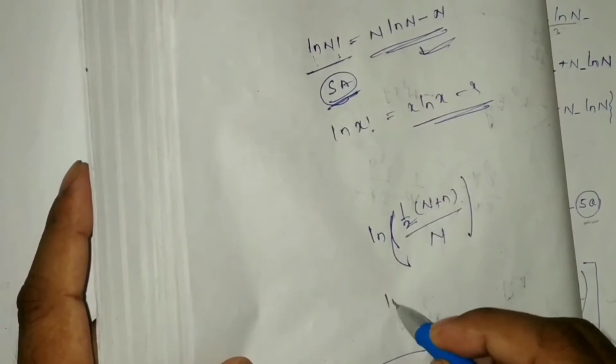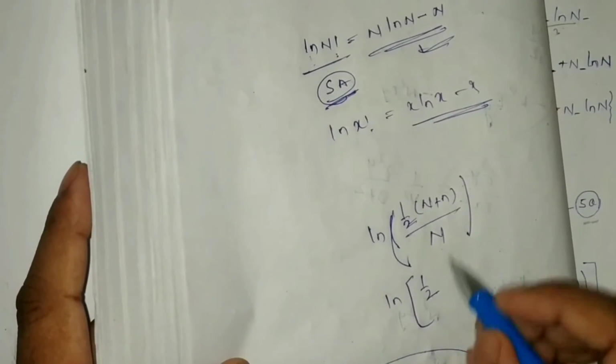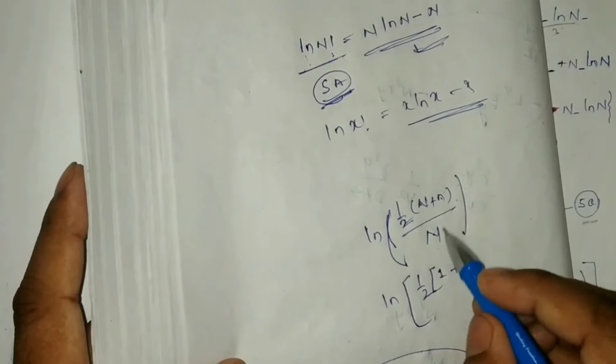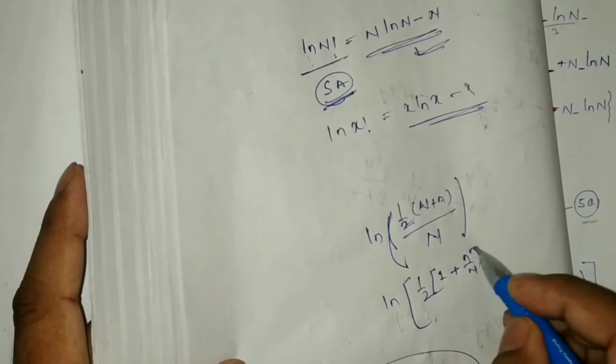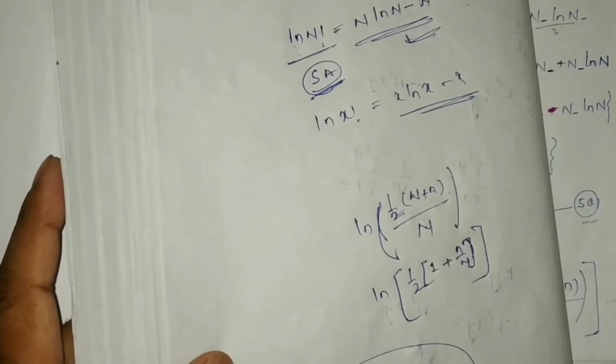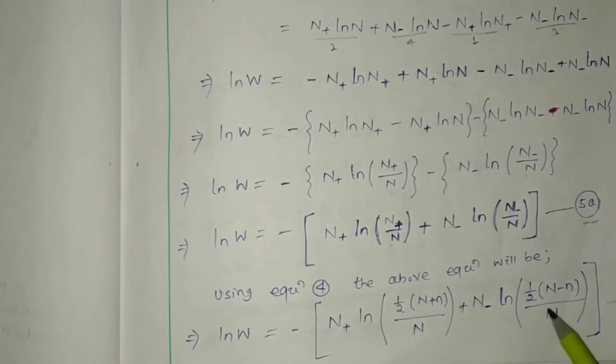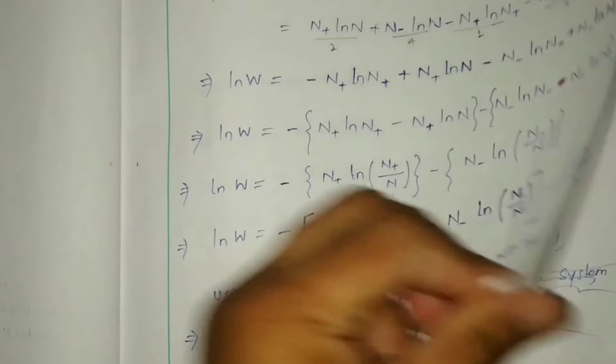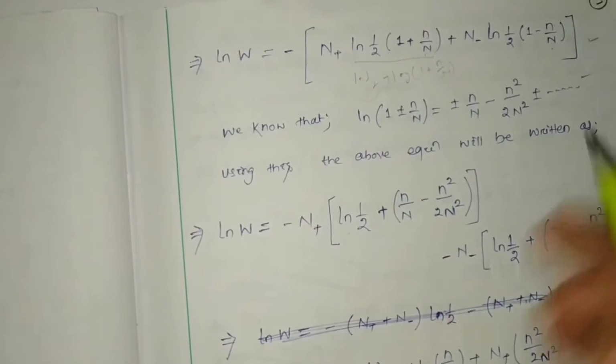So I can write half N divided with this one, it will be 1 plus small n by capital N. Similarly, here it will be half into 1 minus small n by capital N. The same thing I have written on the next page.